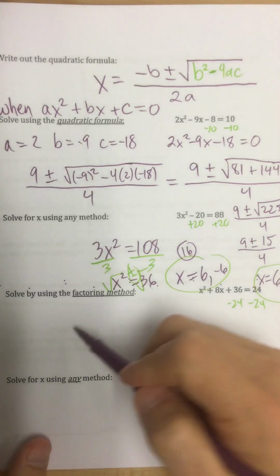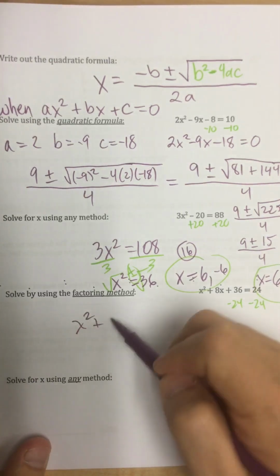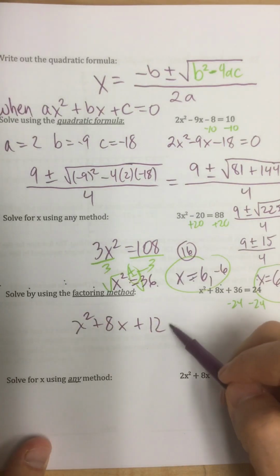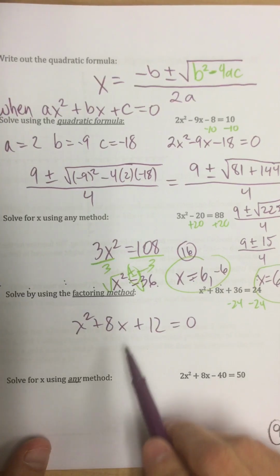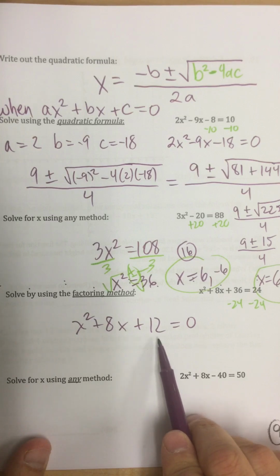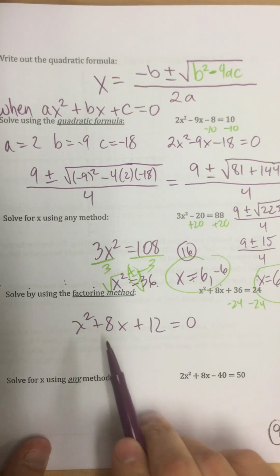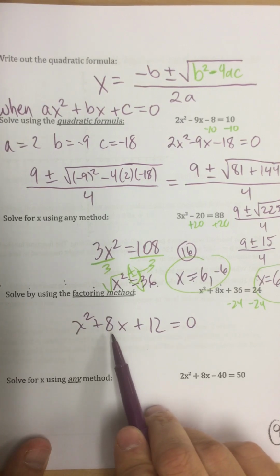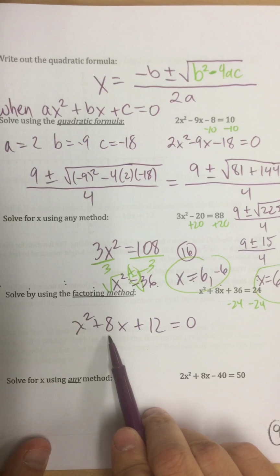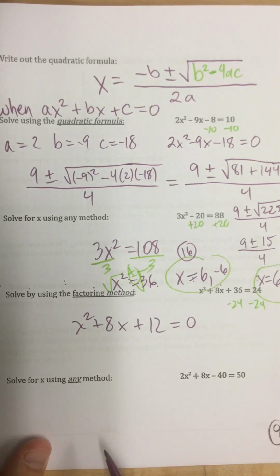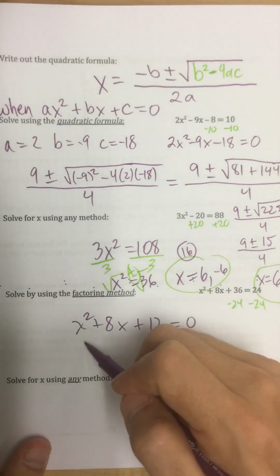So we got x squared plus 8x plus 12 equals 0, and this is when we think factors of c, factors of 12 that add up to b, that add up to 8. So 1 and 12, 1 times 12 is 12, but 1 plus 12 is 13. 2 times 6 is 12, 2 plus 6 is 8. So we got it on the second try.